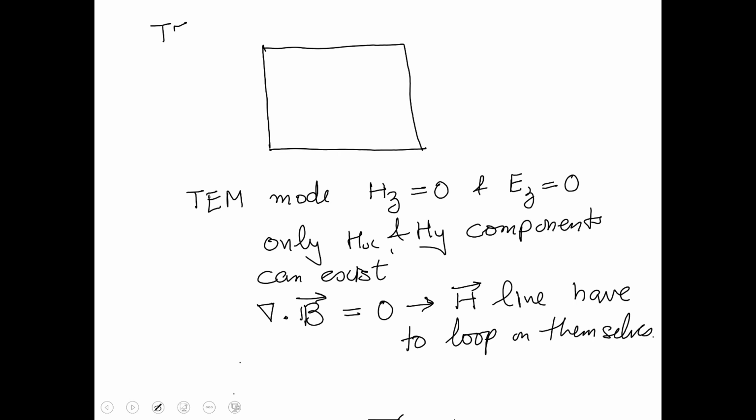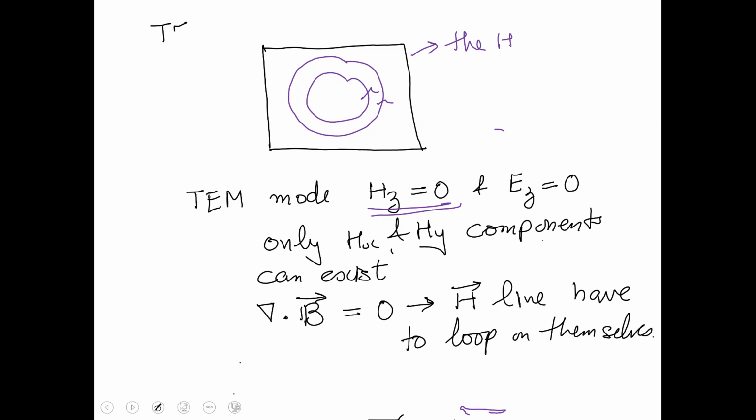But if HZ does not exist, and the magnetic field has to loop on itself, then the solution has to be such that it loops in the transverse plane. Because HZ is 0, the H field lines have to loop in the transverse plane.